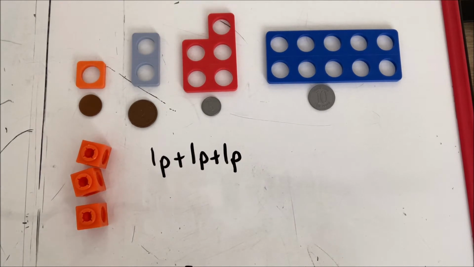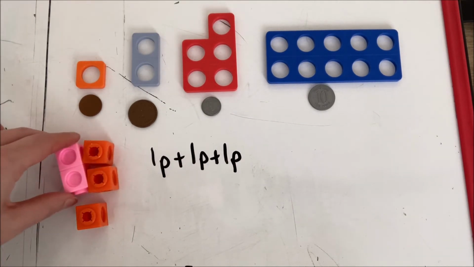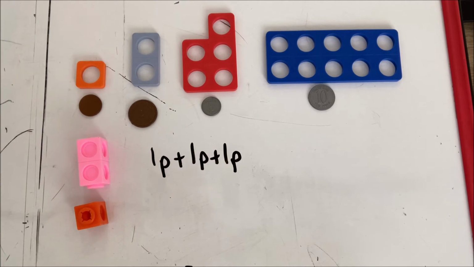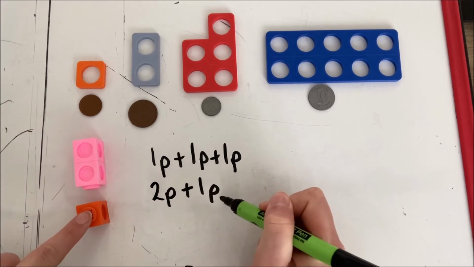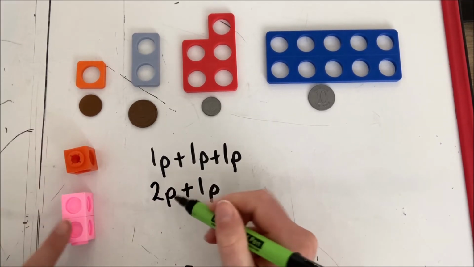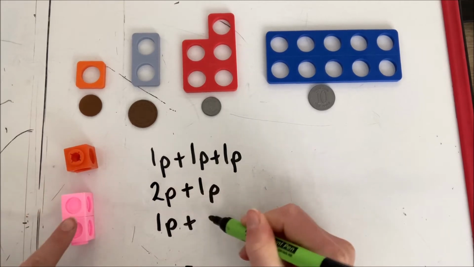Or I could swap out 2 1p's and replace them with a 2p coin. So now I have 2p add 1p. Or I could move them around and have 1p add 2p.